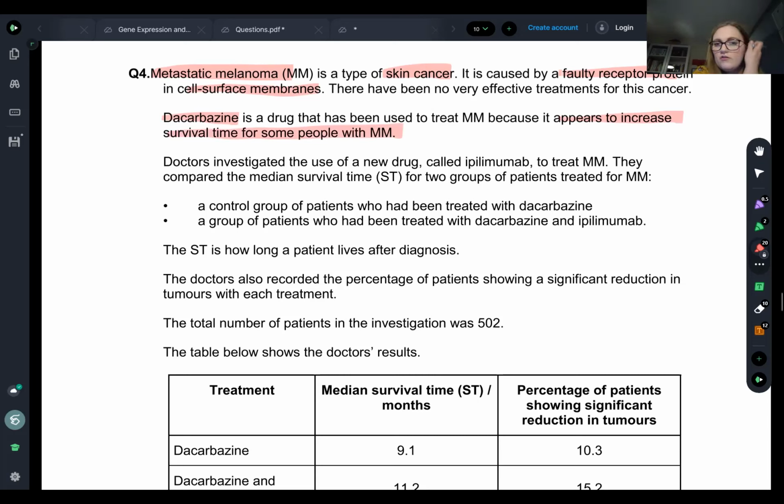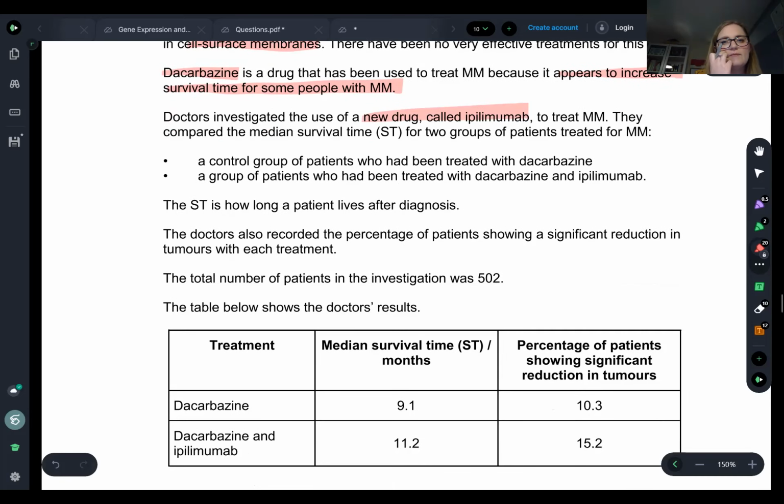Doctors investigate the use of a new drug to treat metastatic melanoma. They compare the median survival time for 2 groups. So we've got a control group who've been treated with dacarbazine, which is the old drug, and a group of patients who've been treated with dacarbazine and the new drug.